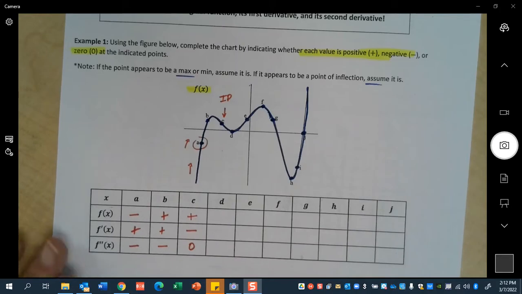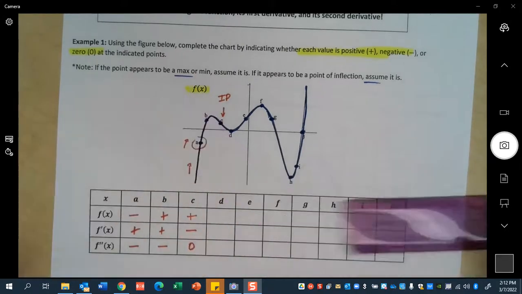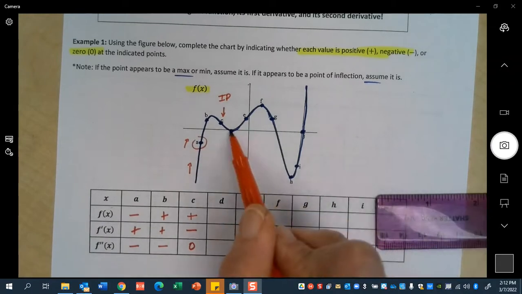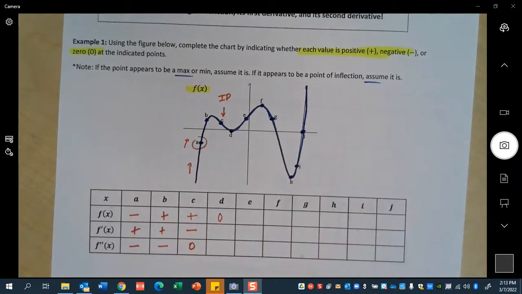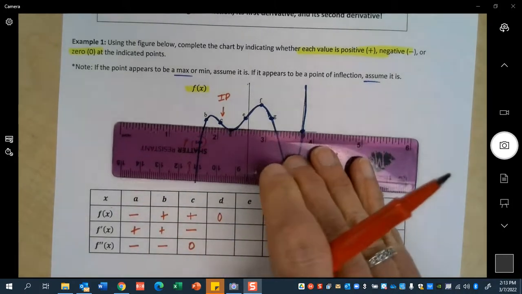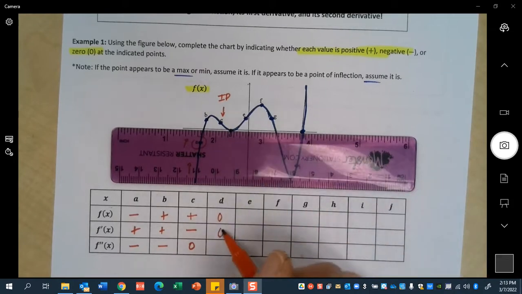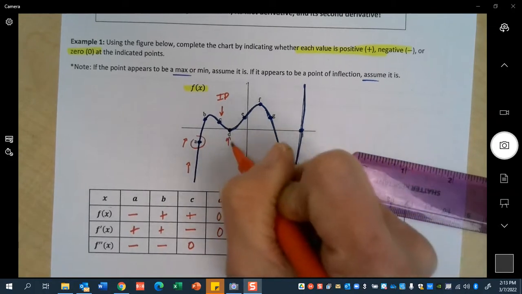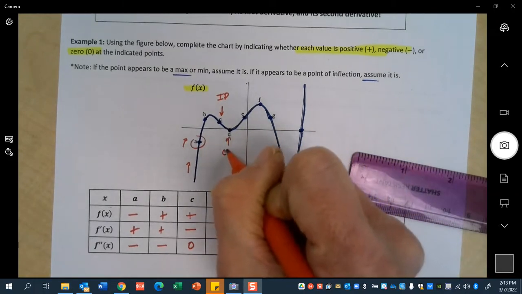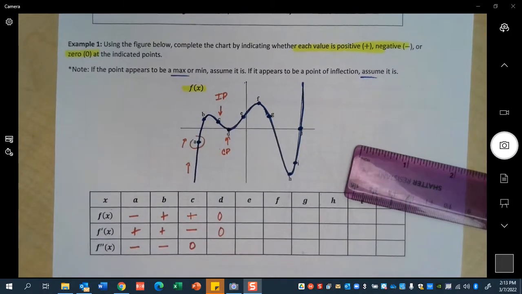All right, let's talk about D. What is the value of my function at D? Talk to me about my derivative. So D is what we know is a critical point, and our critical points determine where we have local mins and local maxes.